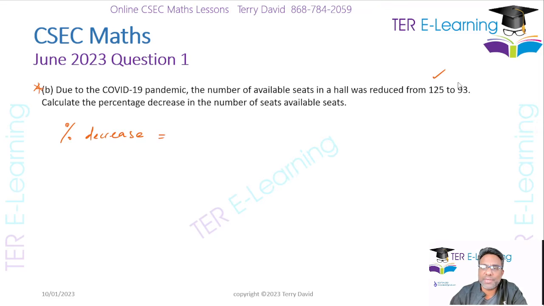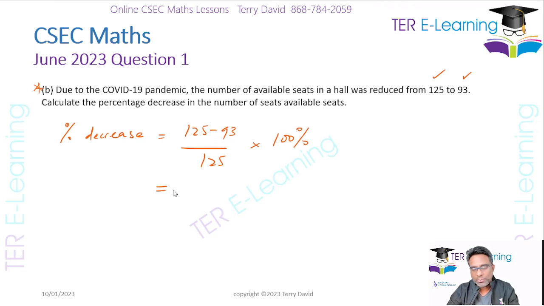You're going from 125 to 93, so your change is going to be 125 minus 93, divided by the original amount, which was 125, and you're multiplying that by 100%. That's going to give me my percentage decrease. So 125 minus 93 divided by 125 multiplied by 100, and I'm going to get 25.6%. All right, so that's my percentage decrease.